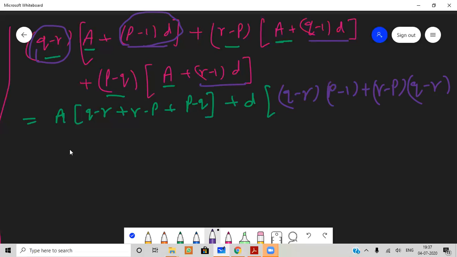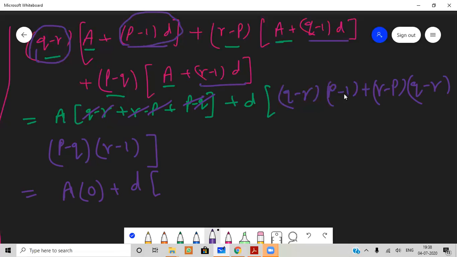And then in this section, I have p minus q, which is to be multiplied with r minus 1. What do you observe this way? You see A inside the bracket, the opposite signs will cancel each other. Same thing will happen in the second bracket. You will get A into 0 plus d into something; when you open the bracket, those terms will also cross out each other.